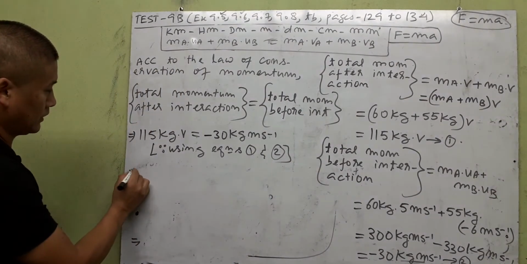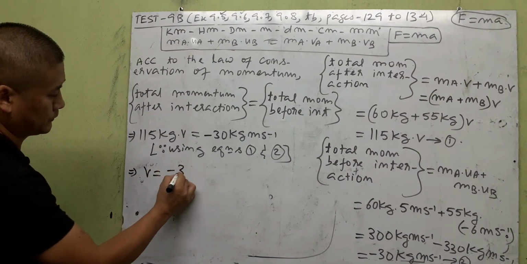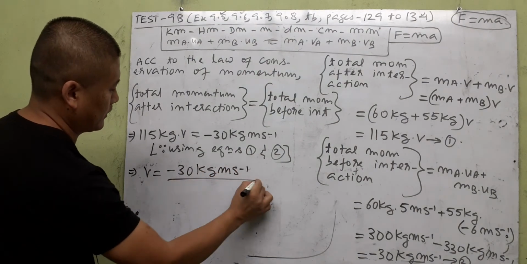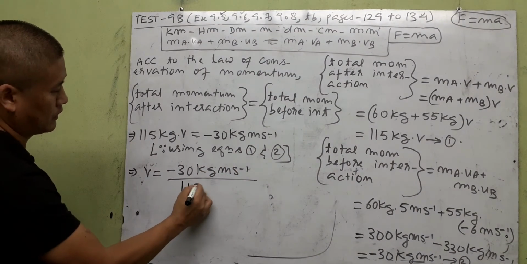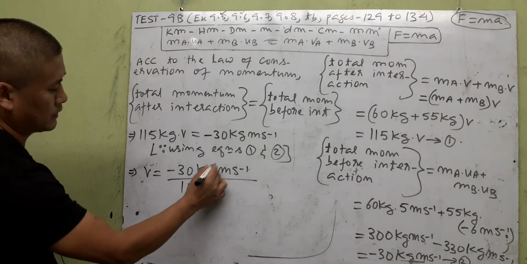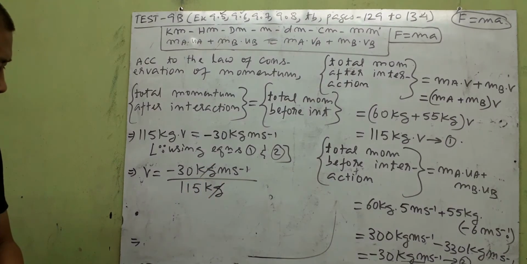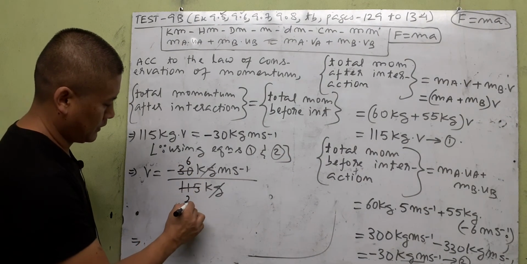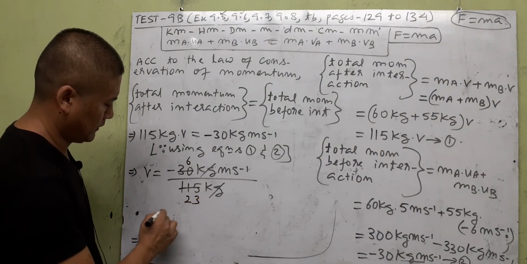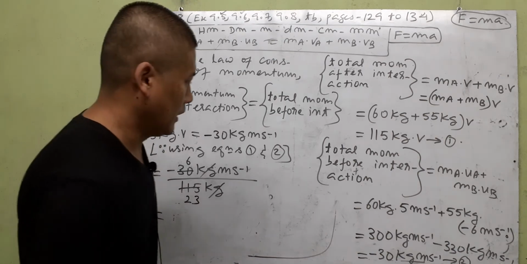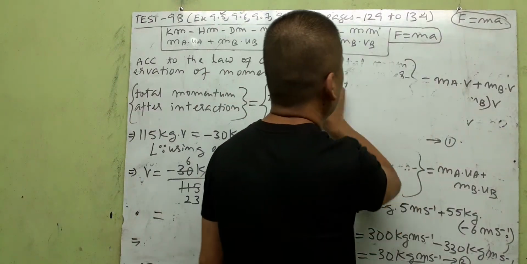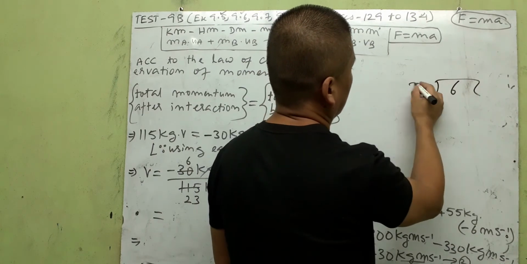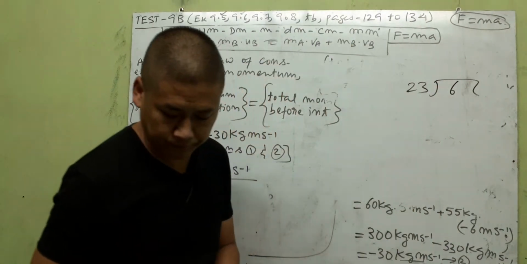So V is equal to minus 30 kg meter per second divided by this 115 kg, so kg cancel. 5 6s are 30, 5 2s are 10, 5 23s are 115. So our answer will be coming out 6 divided by 23.